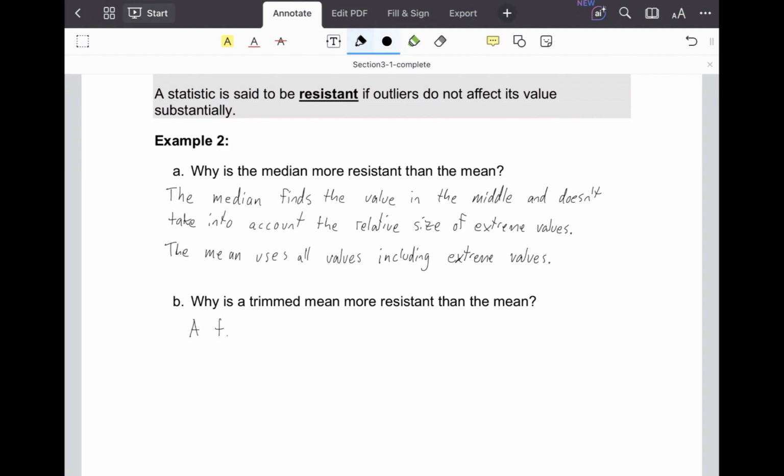A trimmed mean usually eliminates the extreme values, which makes it more resistant. Those extreme values have less effect.